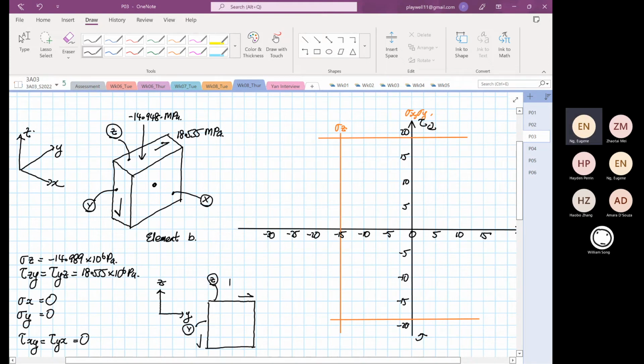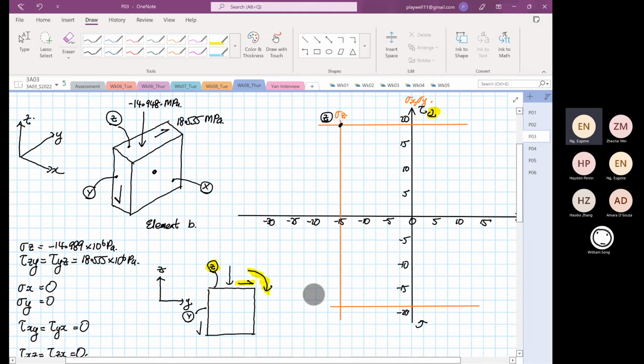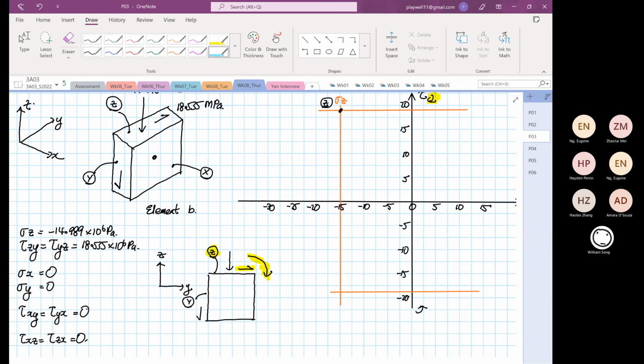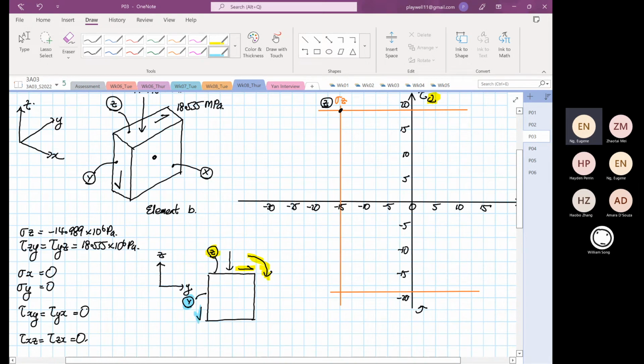And at Z we have a compression. So this shear for point Z is going to induce a clockwise rotation, which is the yellow, due to the shear. So this is our point Z. Our point Y has the shear stress acting in that direction.